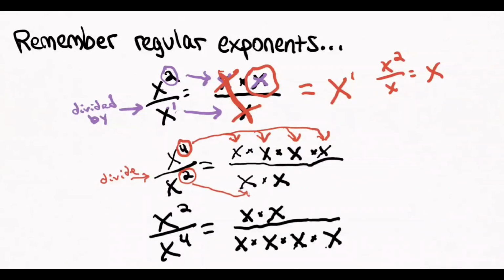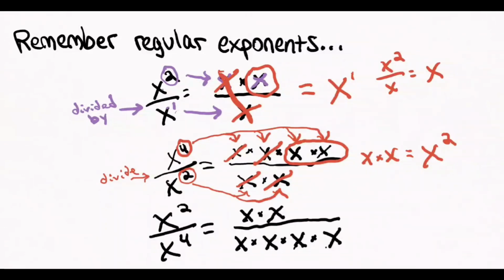That's 2 x's times each other. We are going to cancel out whatever occurs both on the top and the bottom. So there's 2 x's down here. Those cancel out 2 x's up here. We're left with 2 x's times each other up here, x times x, which is the same thing as x squared.